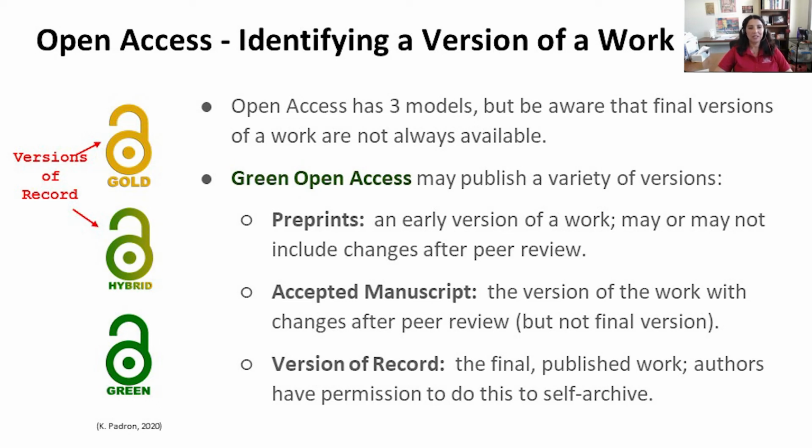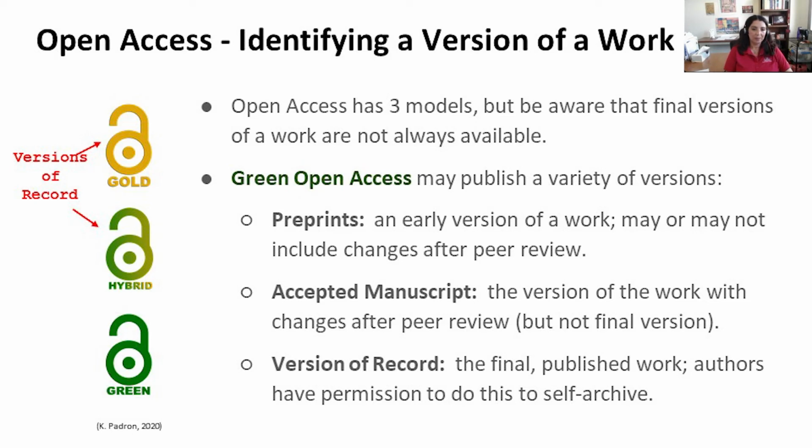But green open access is more wide open. You may see some preprints, which is an early version of a work, and there may or may not be some significant changes after the peer review. It may not have undergone peer review yet. Some green open access may provide the accepted manuscript, the version of the work with the changes after the peer review, but it's not quite the final version.